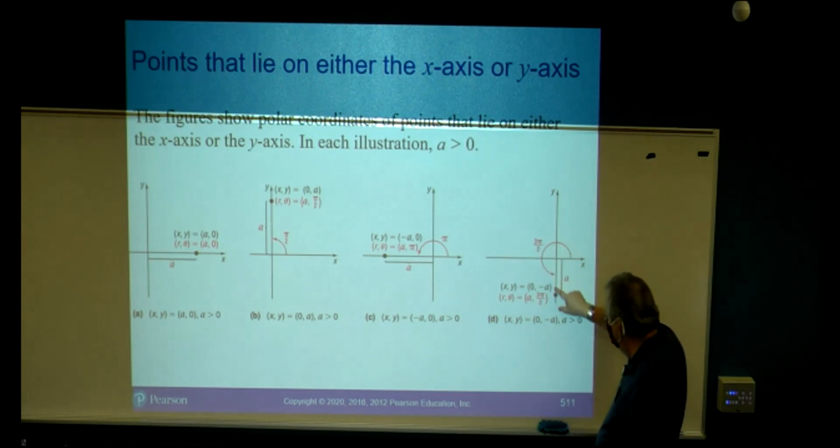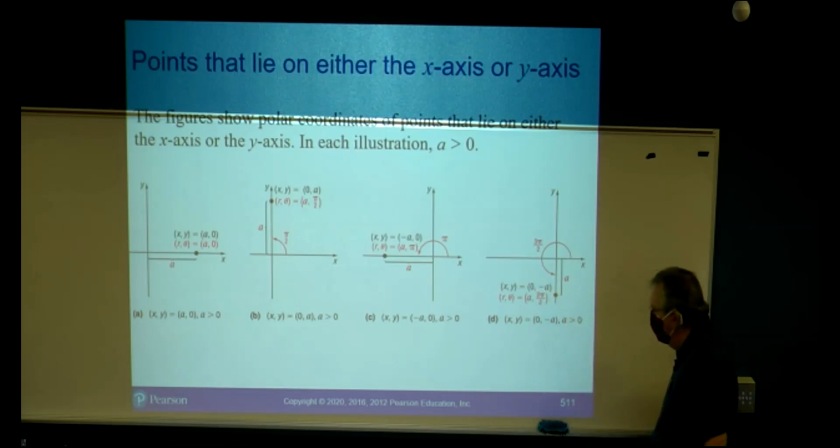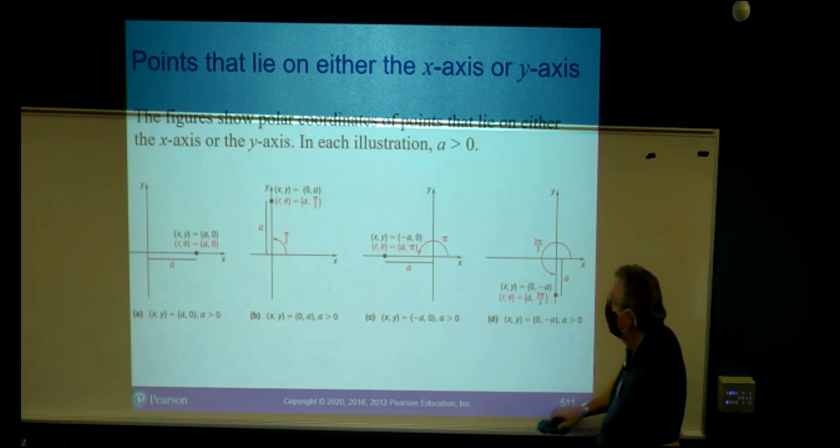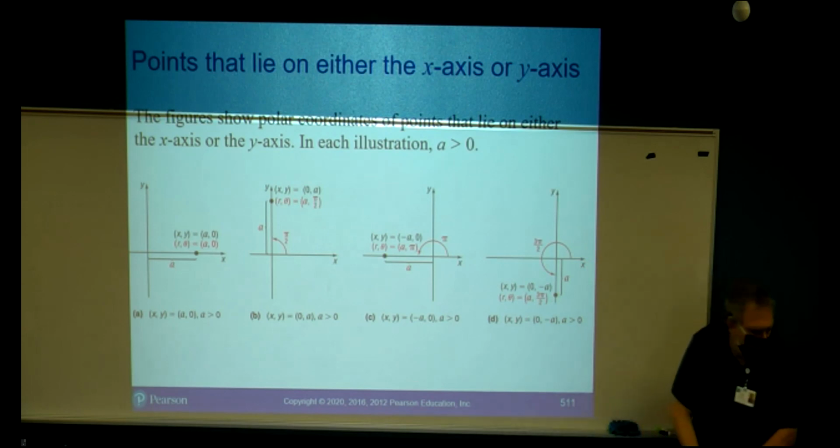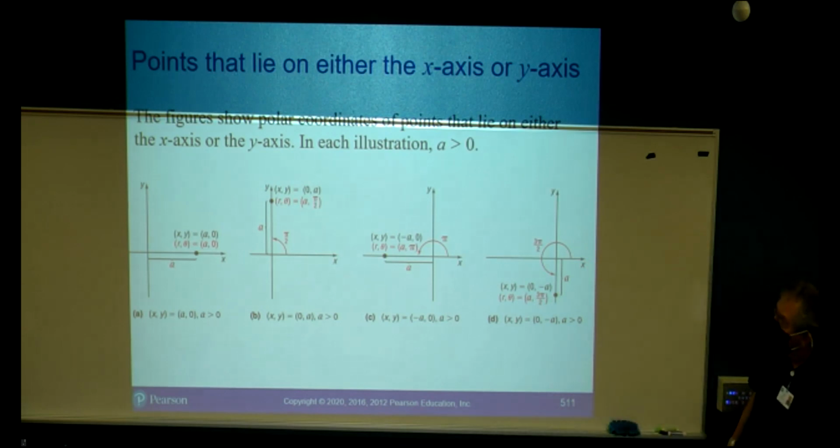We're going along that a units, even though the y coordinate is negative, because we almost always want to be going in the positive direction. But sometimes, depending upon how the problem works out, you may want to go along that angle but in the opposite direction. That comes up more clearly when we do graphing polar equations.